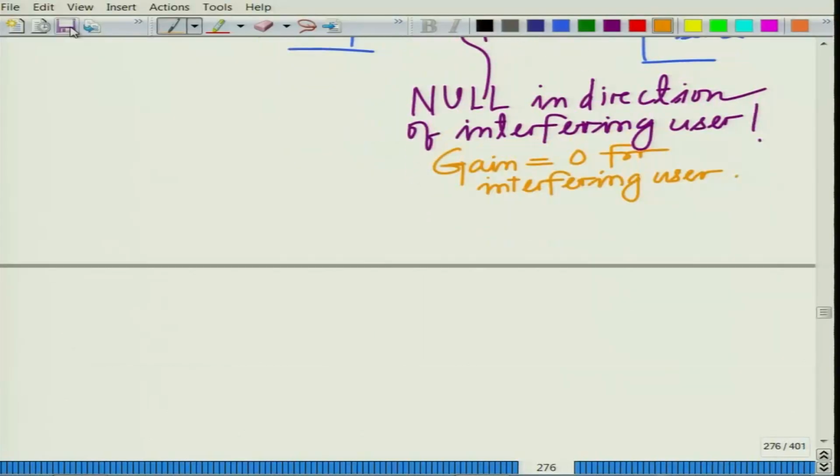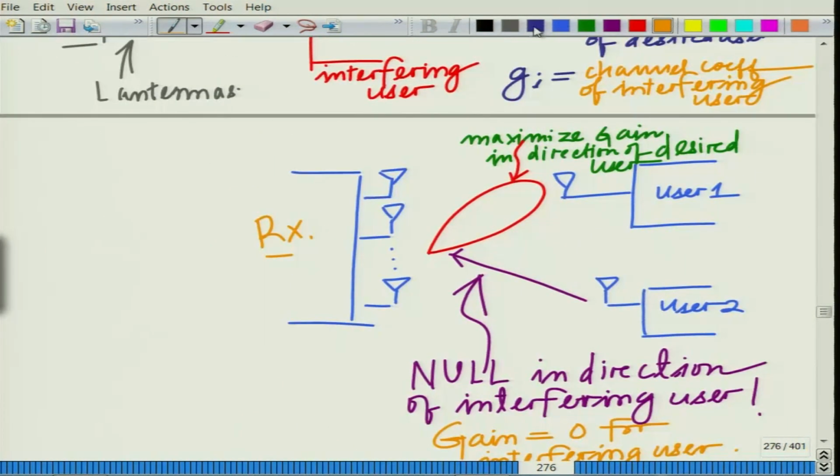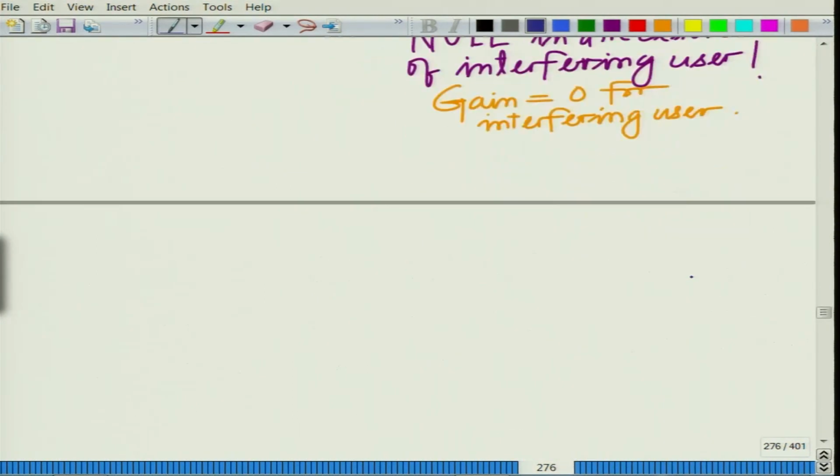And therefore, the way this works is as follows. Let us say we have the received signals y1, y2, up to yL, these are the outputs, and x1 is the transmit symbol of user 1, x2 is the transmit symbol of user 2.